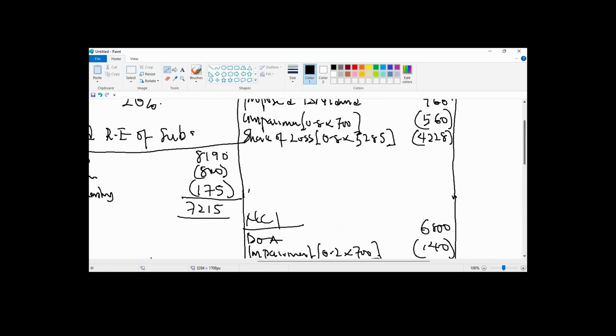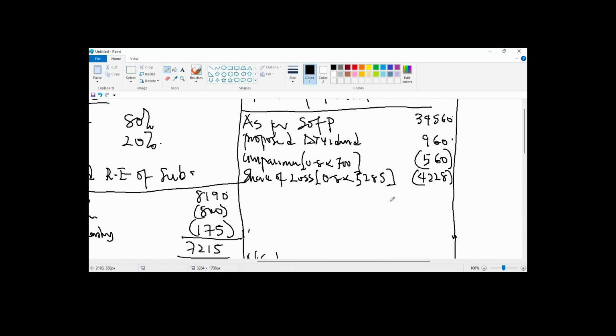Unrealized profits. 34,560 plus 60 minus 560 minus 4228 is 30,732. That is it.